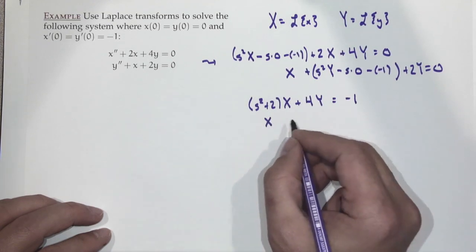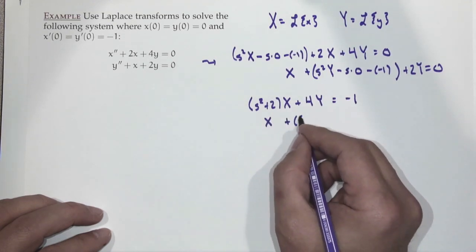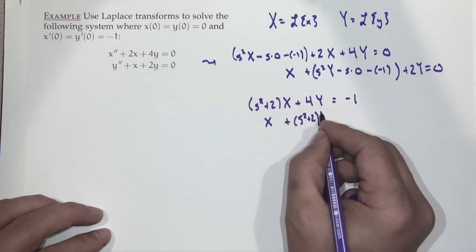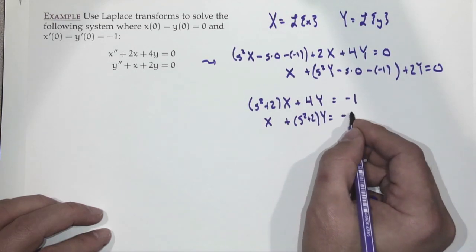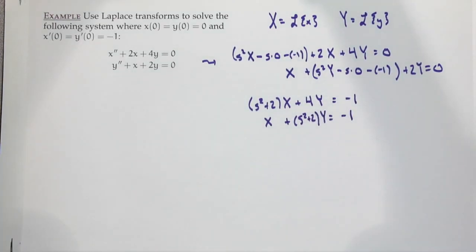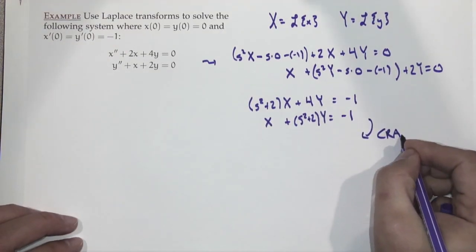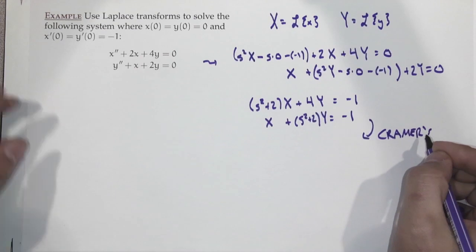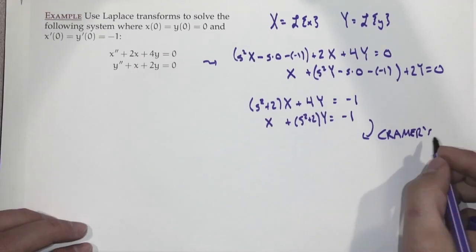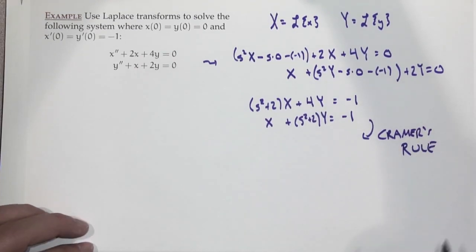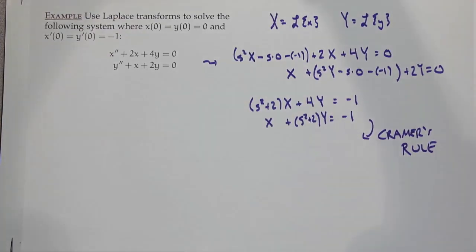And capital X plus s squared plus 2 capital Y equals, and again, minus 1. What can you use here? Cramer's rule. Cramer's rule now. So you can use Cramer's rule, and that can help you solve for capital X and for capital Y, and then you take the inverse Laplace. And, well, actually, that's it. Our time is up.